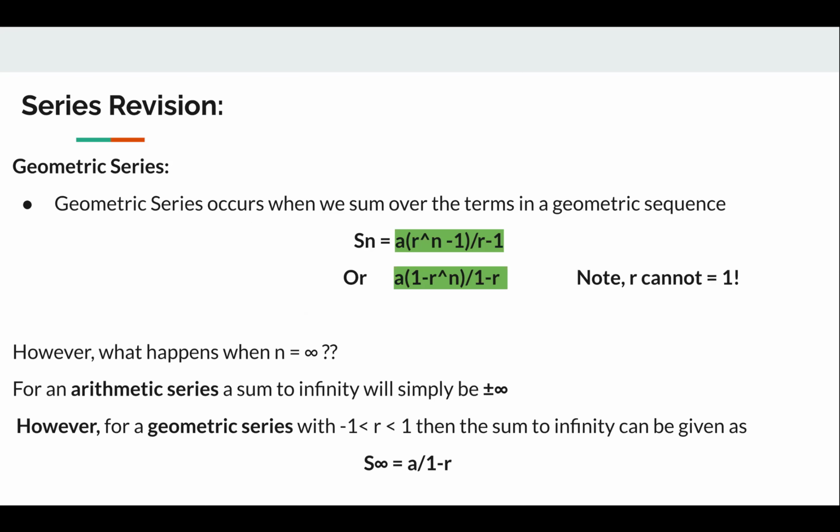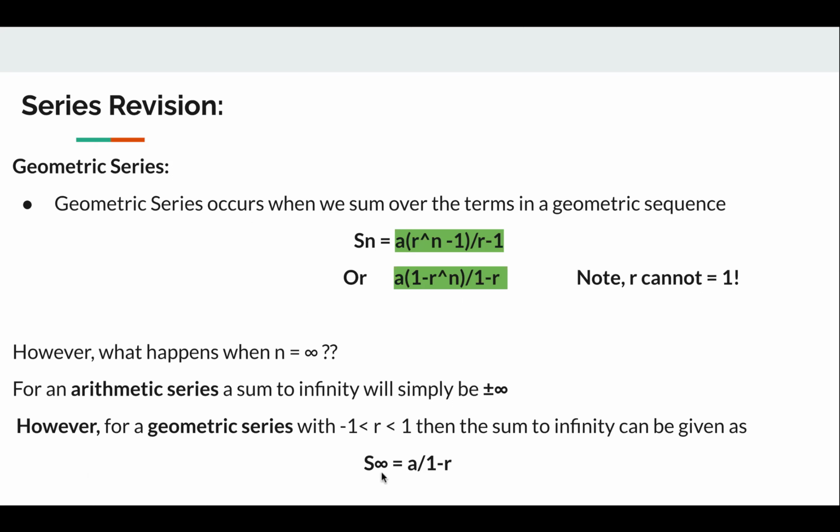However, for a geometric series, it's different, a special kind of geometric series. For a geometric series that converges, and I'm going to get to that term now, for a ratio between minus 1 and 1, the sum to infinity can be given as a over 1 minus r.